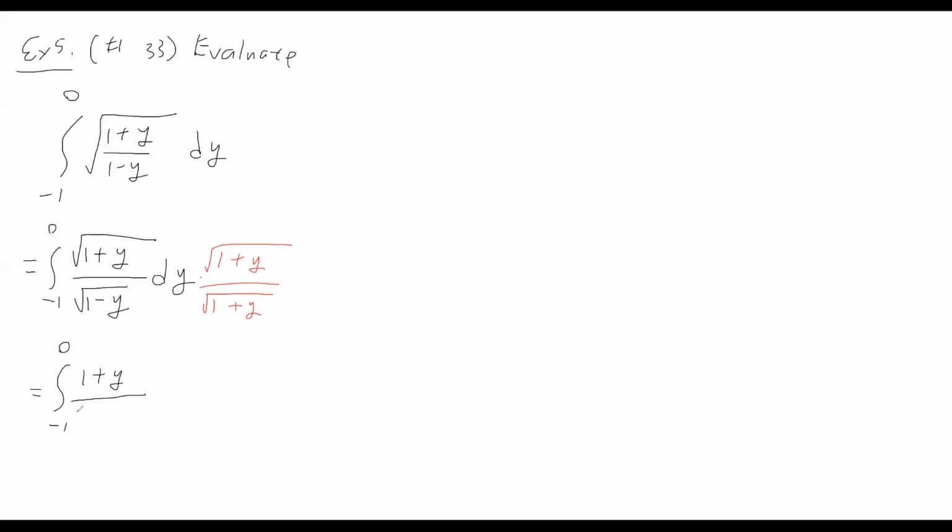And in the denominator, we have 1 minus y squared dy, right? 1 minus y times 1 plus y, that's 1 minus y squared. All right, and we're going to split that into 2 fractions. 1 over 1 minus y squared plus y over 1 minus y squared dy.